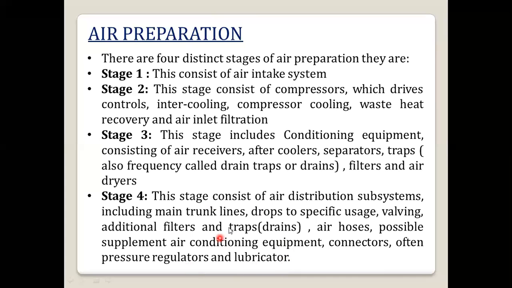So in this stage normally we will be using the filter, then regulator and lubricator. In addition to this, this filter regulator unit will be directly connected to the air distribution systems. So again, hoses, valves and all will come.